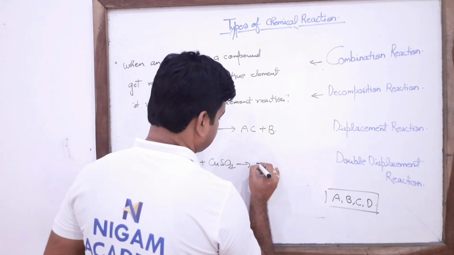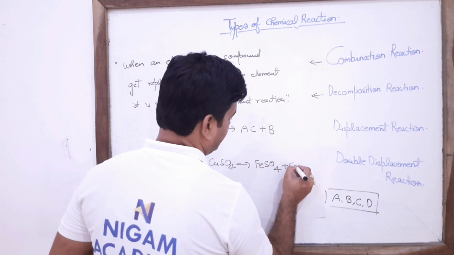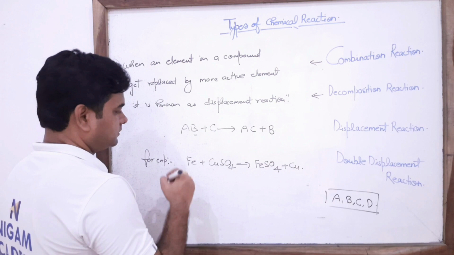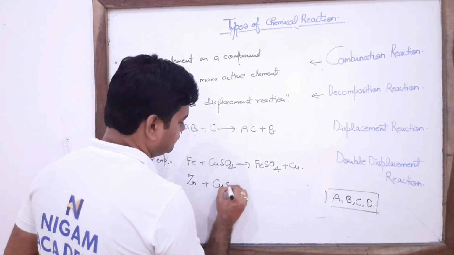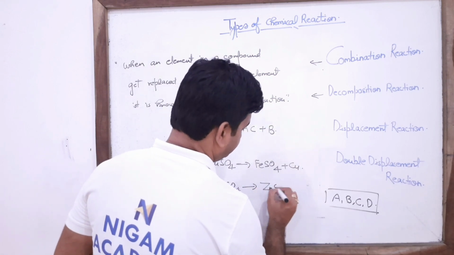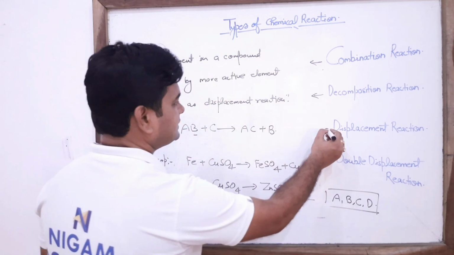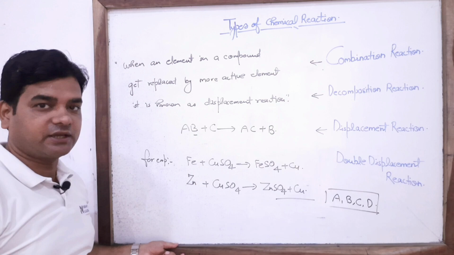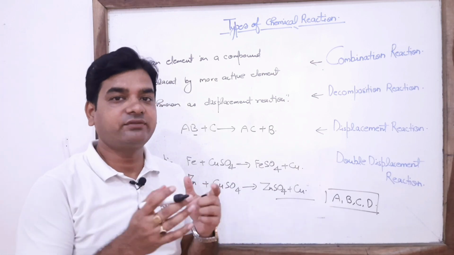So it will replace Cu and form FeSO4 and Cu. Or Zn is also more reactive than Cu. So it will form ZnSO4 and Cu. This is displacement reaction. Something is getting displaced by a more active element.